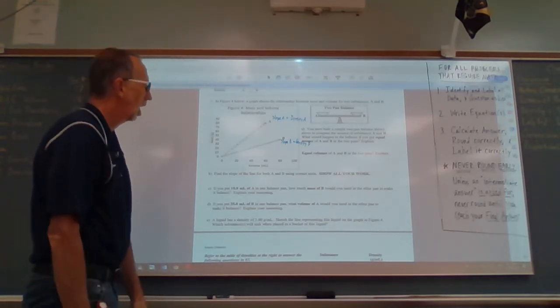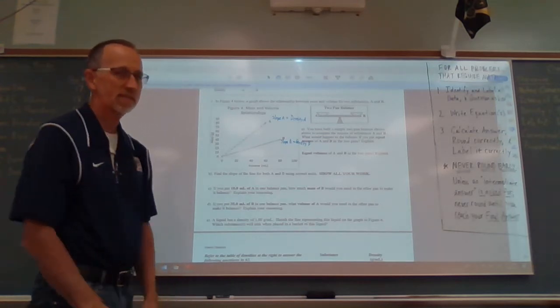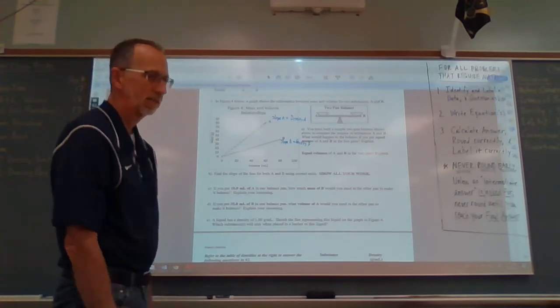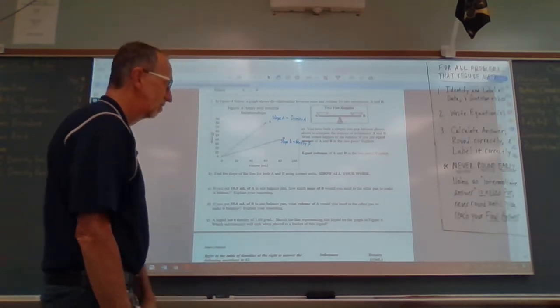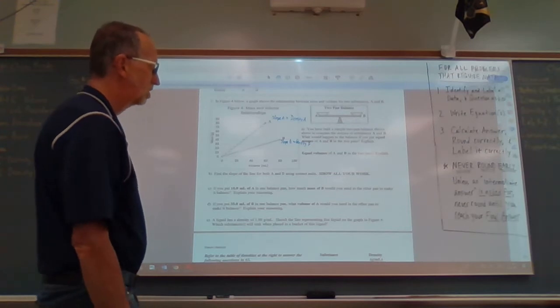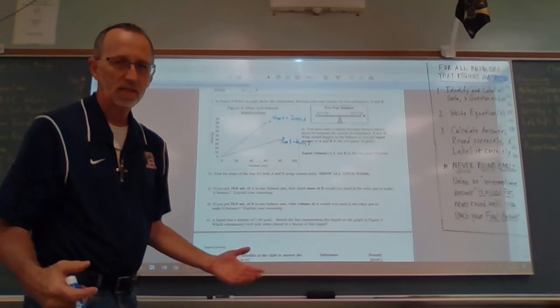Now, part A: you have built a simple two-pan balance. Boy, this is like the old days, all right? This is way before electronic balances. Shown above to compare the masses of A and B. What would happen to the balance if you put equal masses of A and B in the two pans?